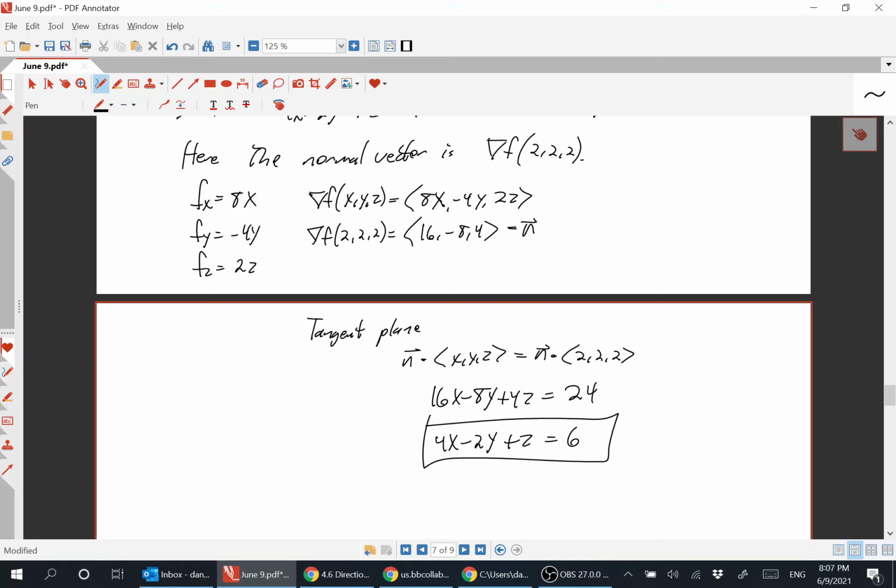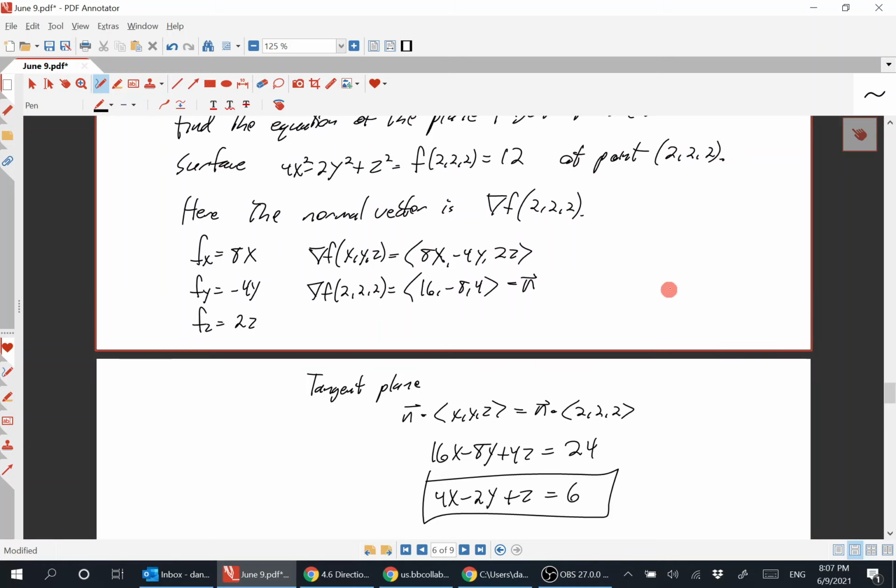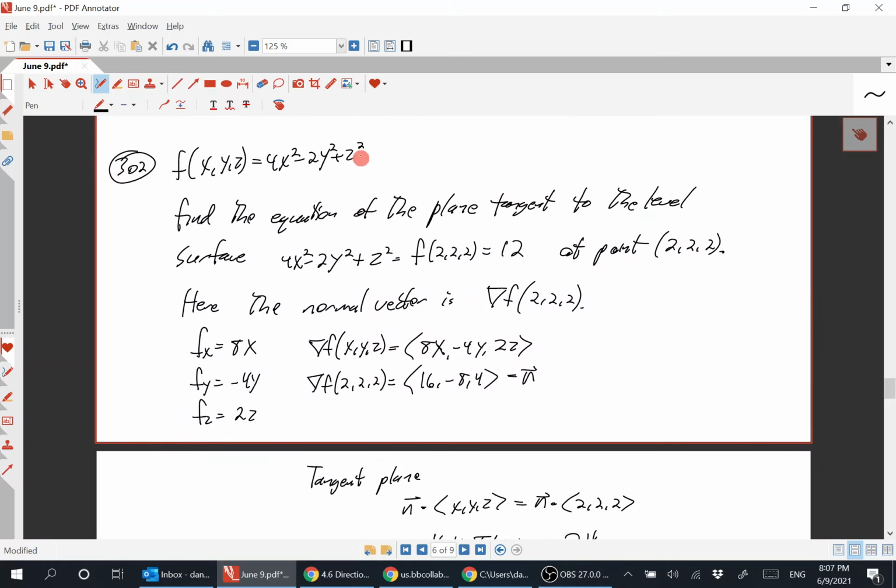So, right, and what was weird was the book back in section 4.4, they were asking you about tangent planes, and they gave you a surface for which you couldn't solve for z.